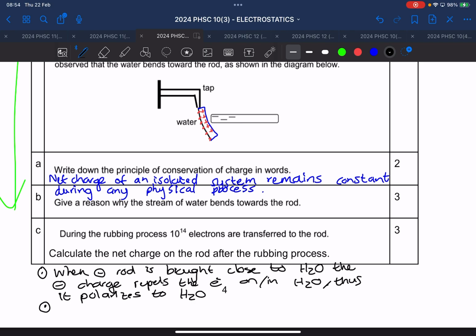So the water now has a positive side, the rod is negative. What do we know about positive and negative? It attracts. So you say that positive and negative attract. Thus, water is attracted to the rod.